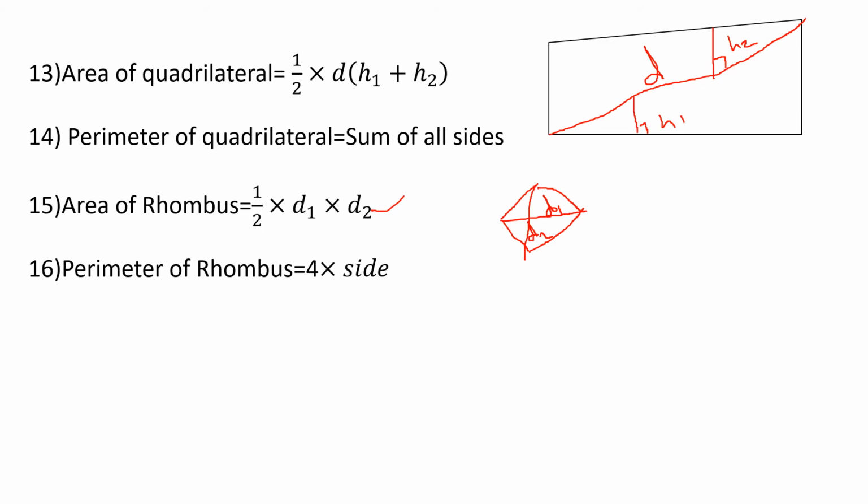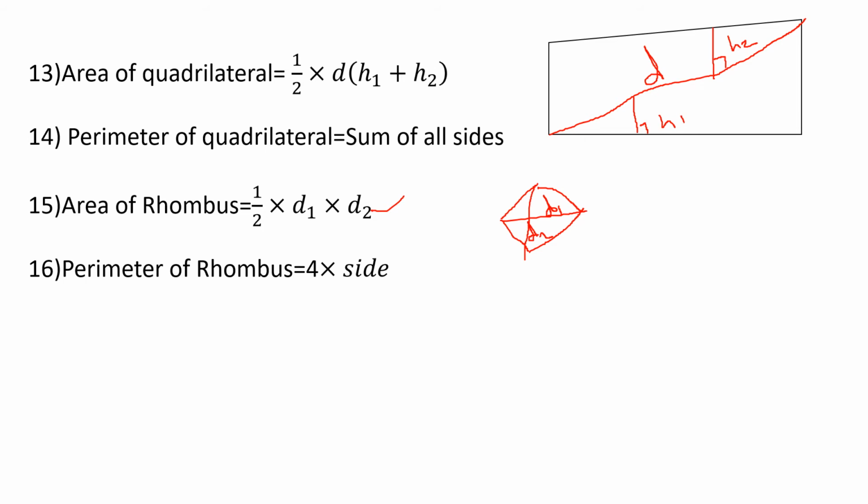The very important thing is all these formulas, the 16 formulas. You have to learn them. Write and see the formulas and go through them. Children, I hope all will be learning these formulas.